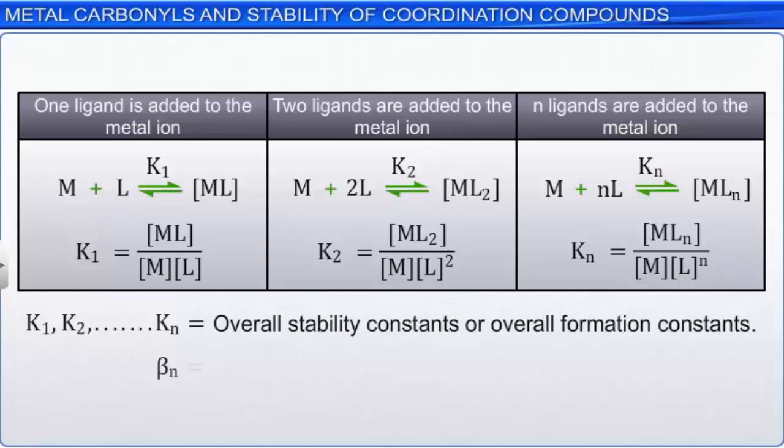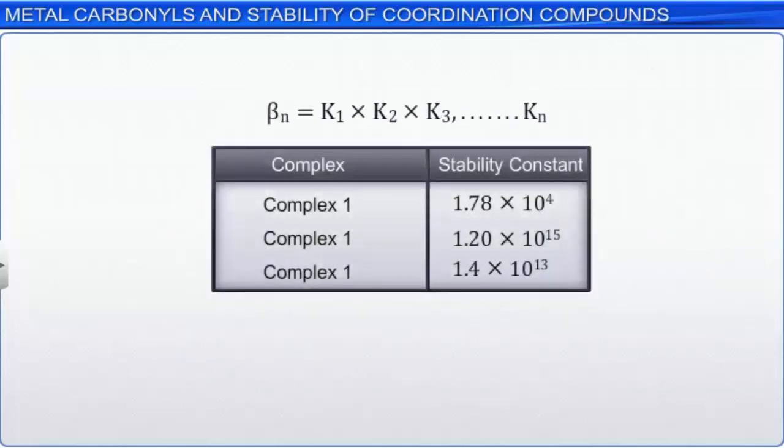Stability constants tend to be very large numbers. To simplify the numbers, a log scale is often used. Thus, the relation between the stepwise stability constants and the overall stability constant can be written in log scale as log beta n is equal to log K1 plus log K2 plus and so on up to log Kn.